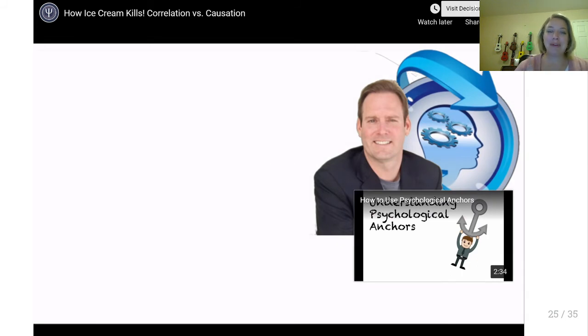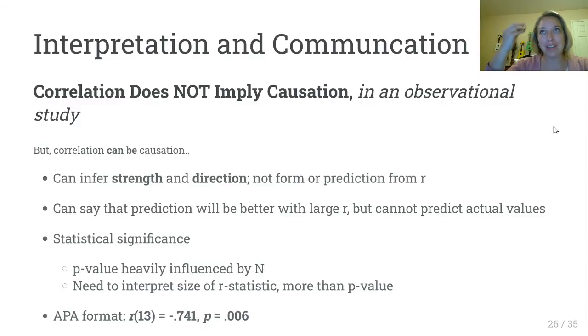So we laugh about ice cream sales causing forest fires, but sometimes we want to believe that there's a relationship so badly that we try to do similar things in our own research. So the caution is that correlation does not imply causation in observational studies.